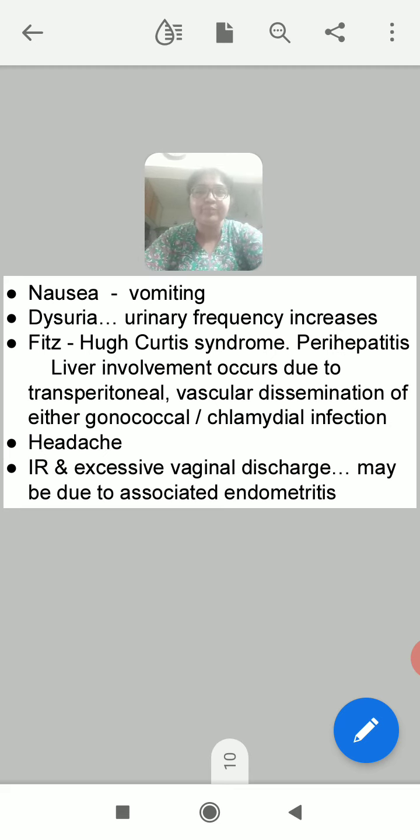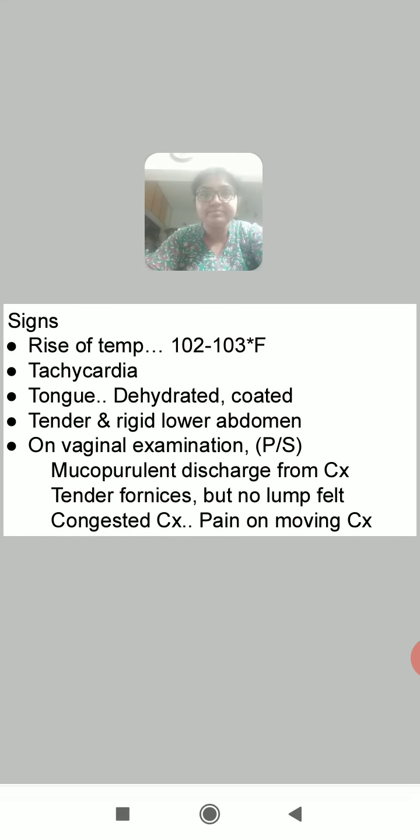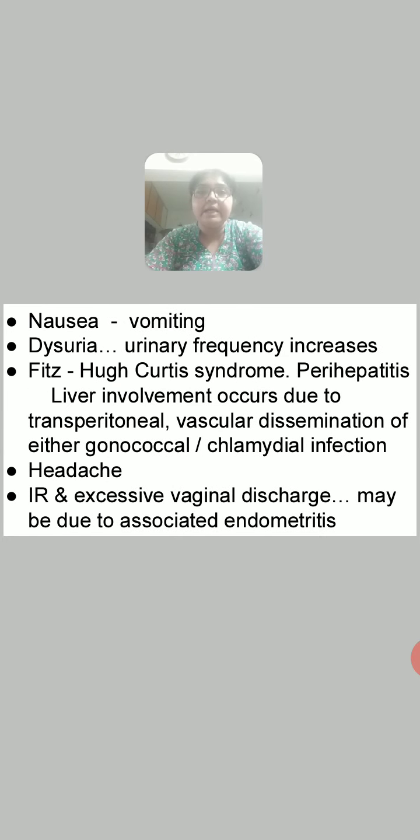In this syndrome, the patient gets pain in the right upper quadrant of the abdomen. This pain aggravates on breathing, coughing or laughing, and the pain from the right upper quadrant of the abdomen radiates to the right shoulder.